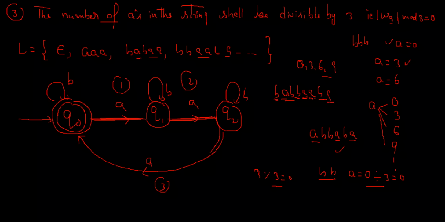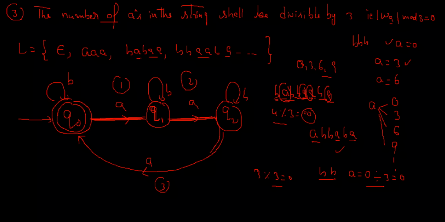Again you have seen another A. So when you see another A, you are coming to Q1 and you are stopping here. Why? Because the string is ended. Is Q1 an acceptable state? No, it is not an acceptable state, because the number of A's is 4. 4 is not divisible by 3 and you are not getting the remainder 0. So it is not accepted.